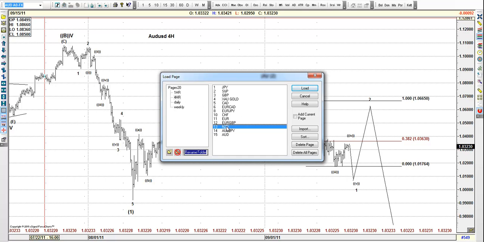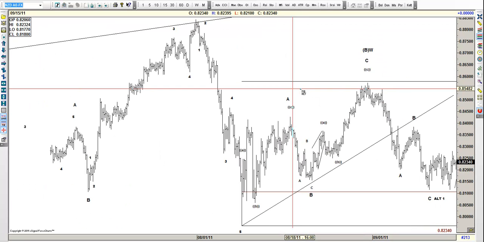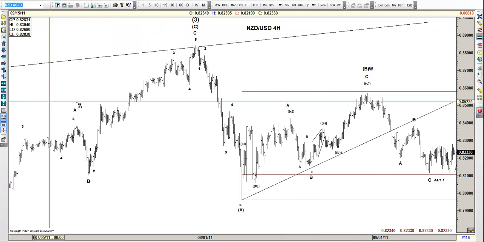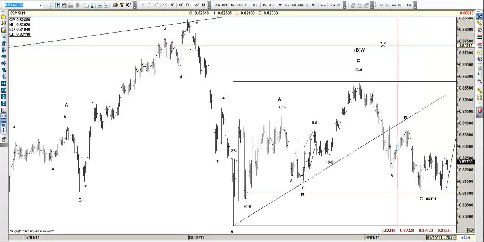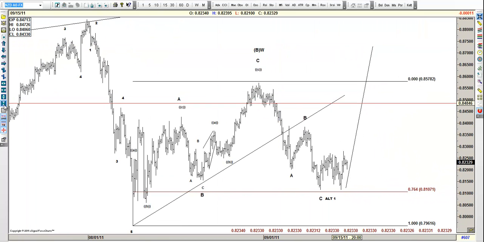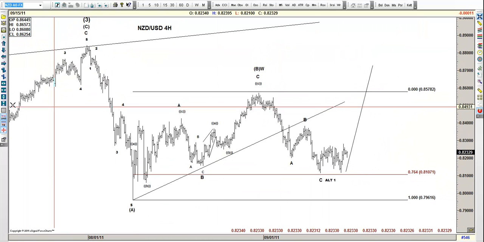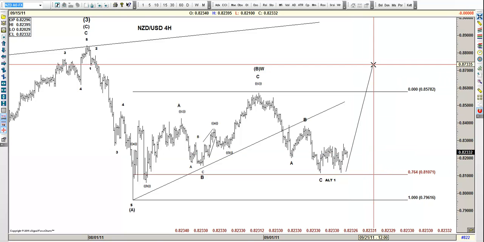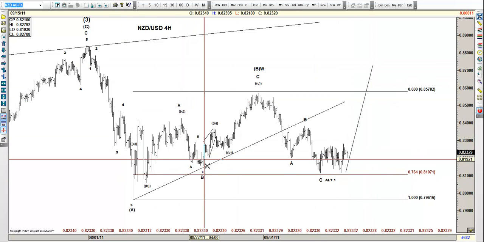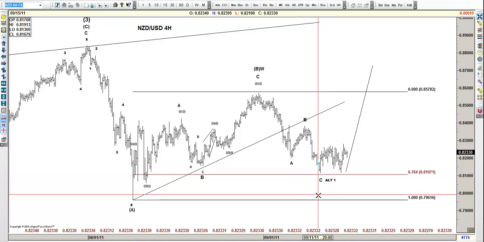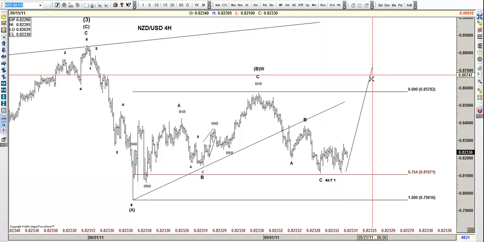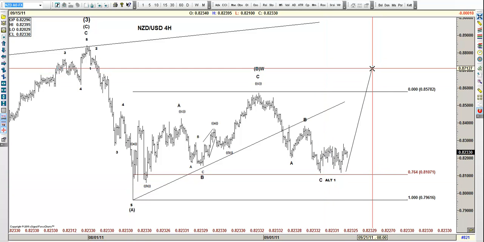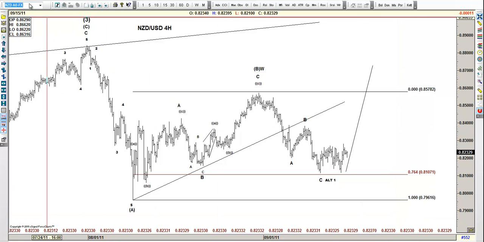If we take a look at New Zealand, I think the best count that we can label right now is that New Zealand is going to trade higher to around this level to end a possible ABZW. This is S, and going higher right here to trade and then plunge to the downside.